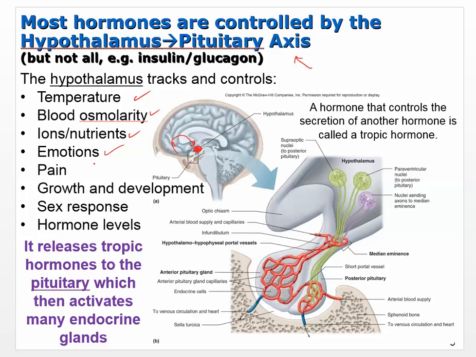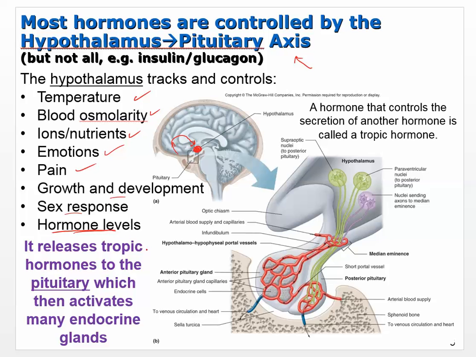We already mentioned that something like fear can cause a system-wide response by going through the hypothalamus. Also pain, growth and development, sex responses, things like sperm production and keeping a monthly menstruation cycle, and levels of other hormones circulating in your body all the time.